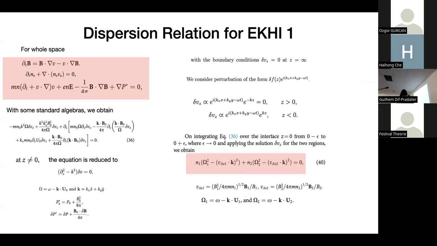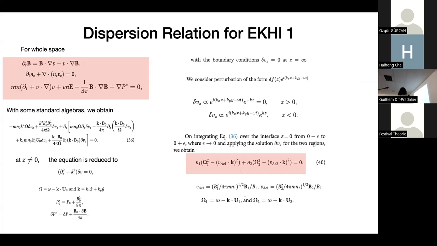We can obtain this equation, and at z not equal to 0, because this is a step function profile, the equation is reduced to this Laplace equation. With the boundary condition that at infinity it is 0, we have solutions at z larger than 0 and smaller than 0.